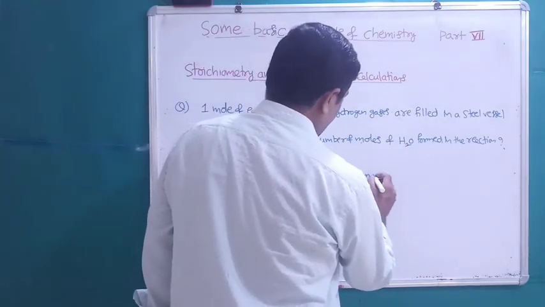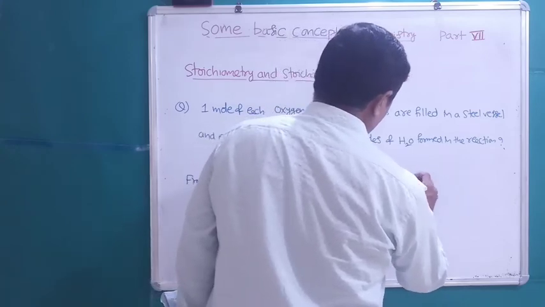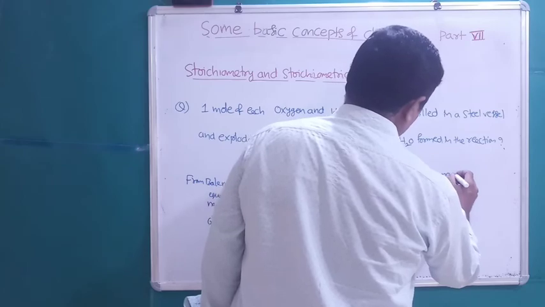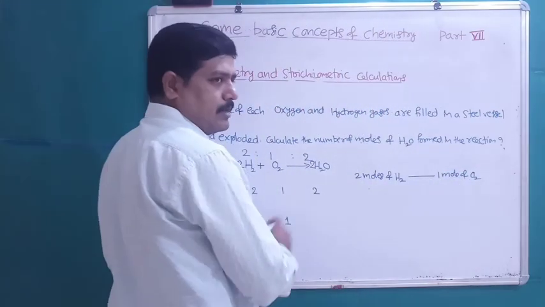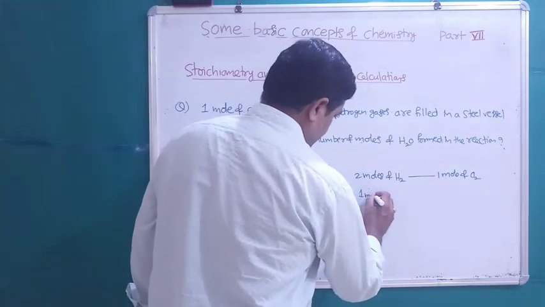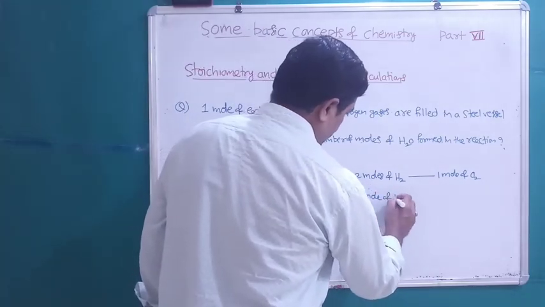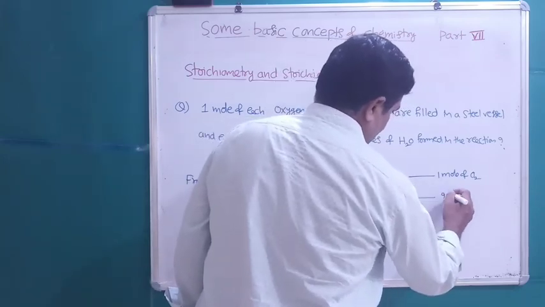From the balanced equation, 2 moles of H2 require 1 mole of O2. If it is 1 mole of H2, how many moles of O2 are required?